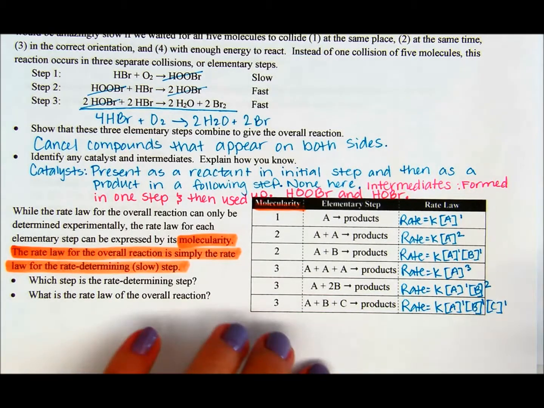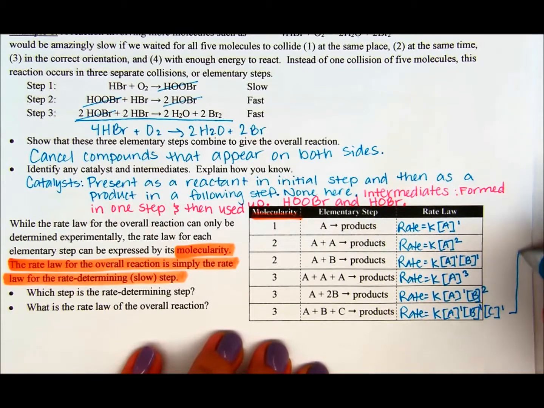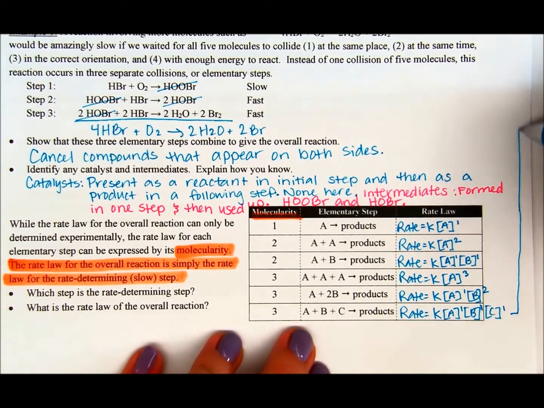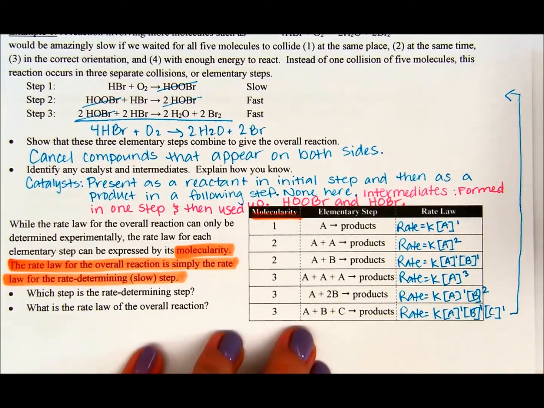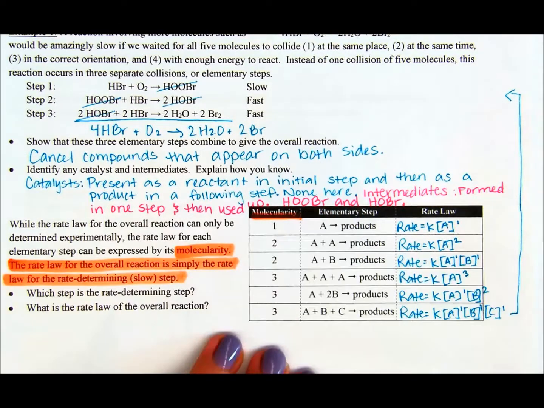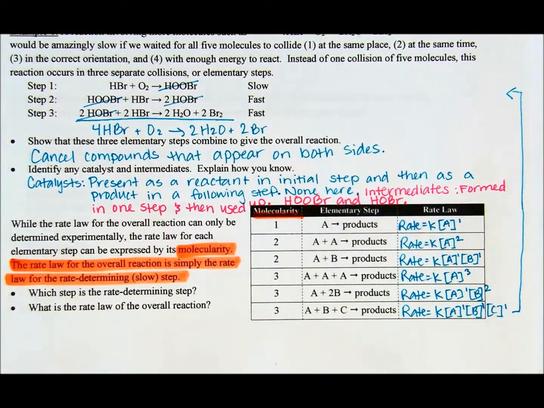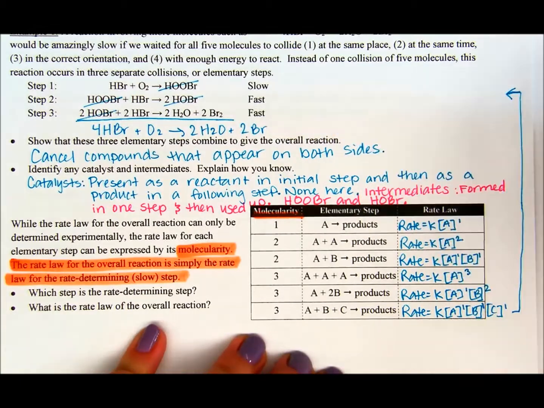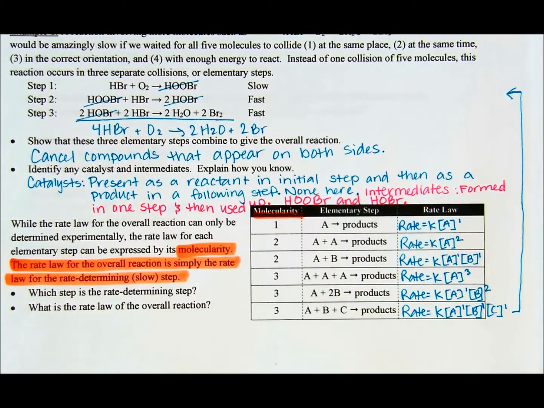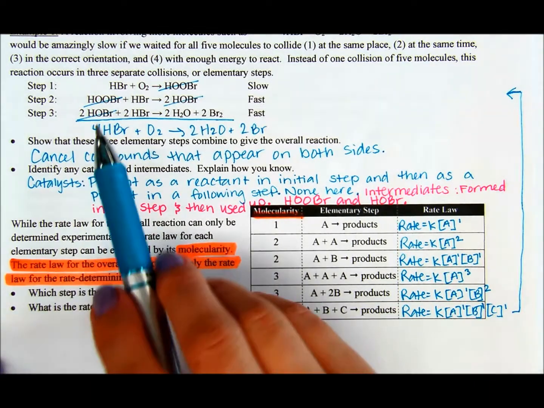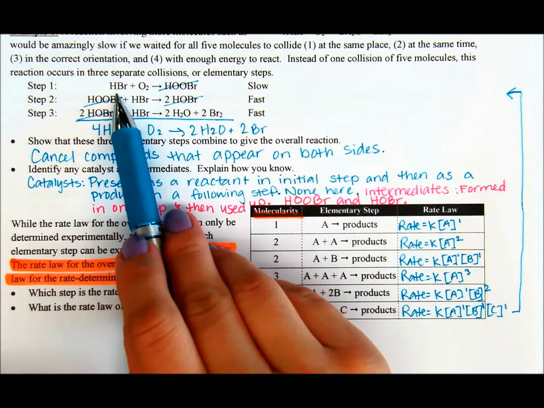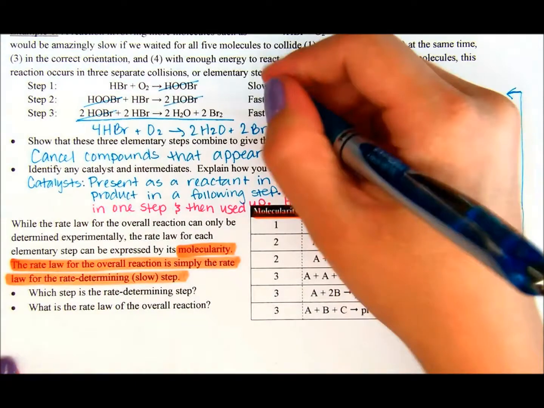So now that you know how to do that, I want you to go back up here and do the same thing with our reaction, with our elementary steps. So go ahead and pause the video and see if you can write the rate law for all 3 steps here. Okay, so step 1, the molecularity here is 2, because we have two things, two species.